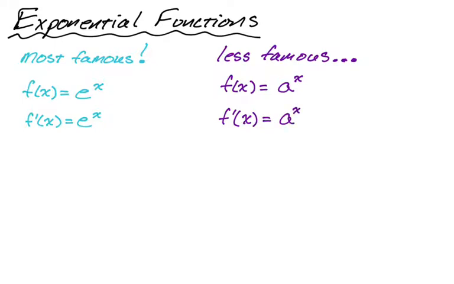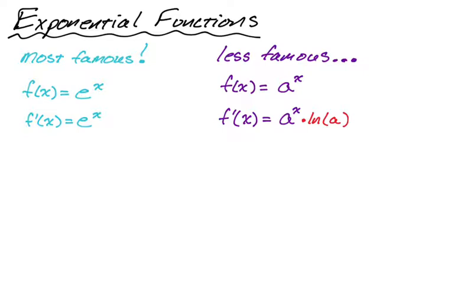So far it's basically the same as e to the x, but now times the natural log of a. So I didn't write it in this video, but the e to the x definition works the exact same way. The derivative of e to the x is e to the x times the natural log of e. It's just that the natural log of e is 1, so we don't write anything there.